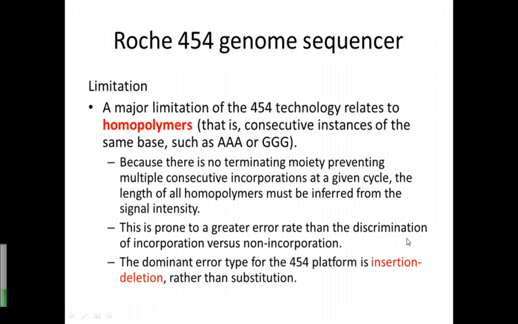So at any one point, the error type would be more nucleotides being inserted or some of the nucleotides not being inserted, so it results in a deletion. So the dominant error type for the 454 platform is insertion deletion, due to the incorporation versus non-incorporation.